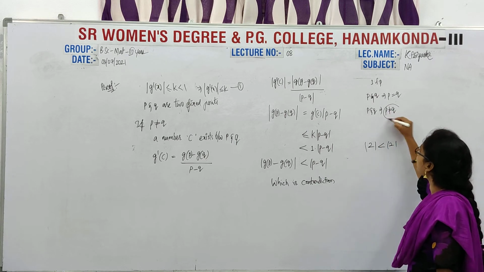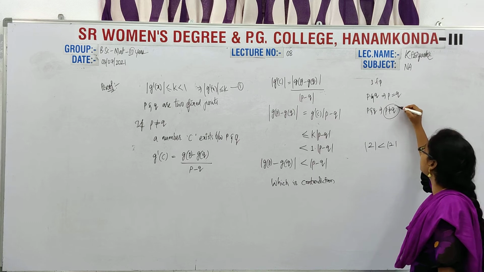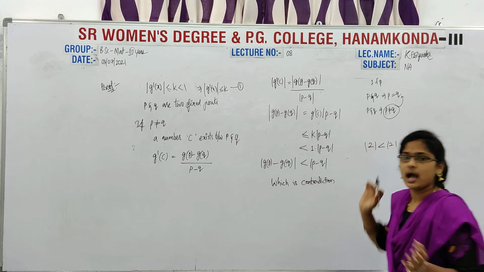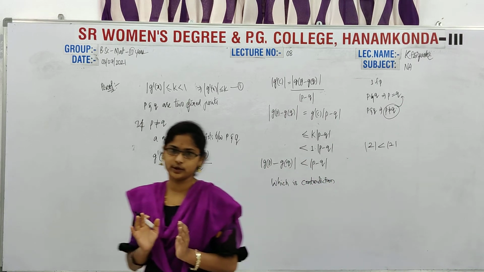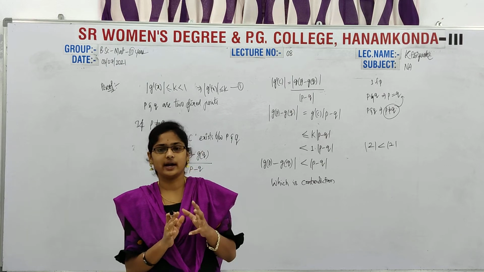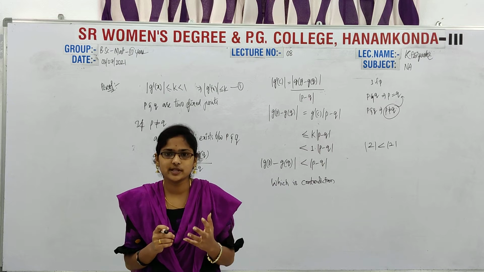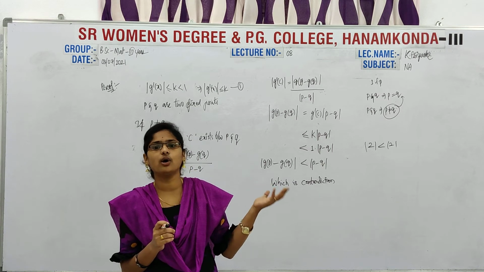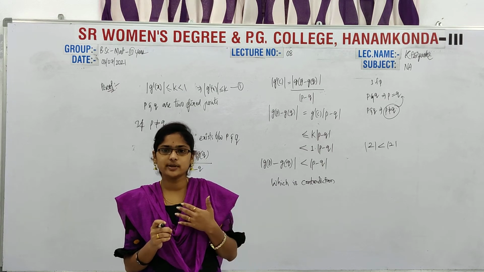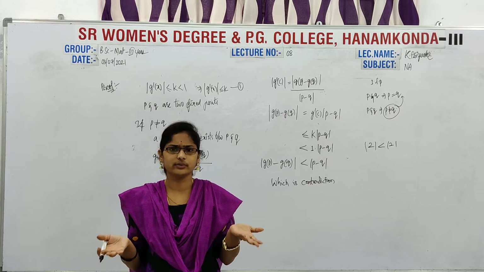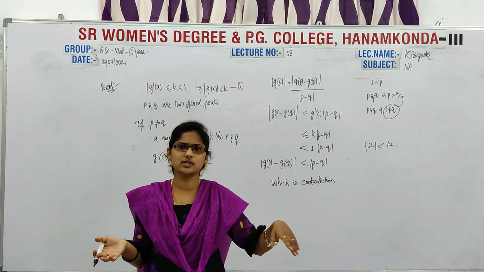So whatever I took, that is wrong. So now which one is correct? P is equal to Q. I have to consider P is equal to Q. Instead of that, I considered that P is not equal to Q. When I consider P is not equal to Q, then I got a wrong answer. Wrong answer means what I considered is wrong. That's why P is not equal to Q is wrong.